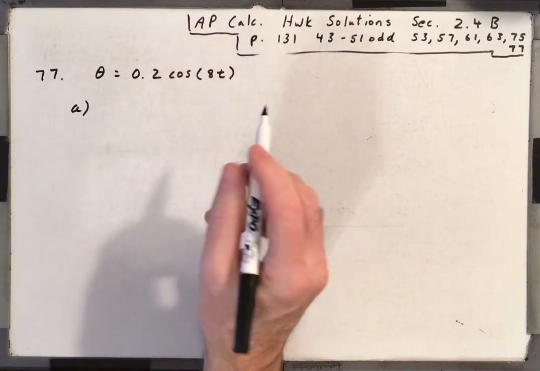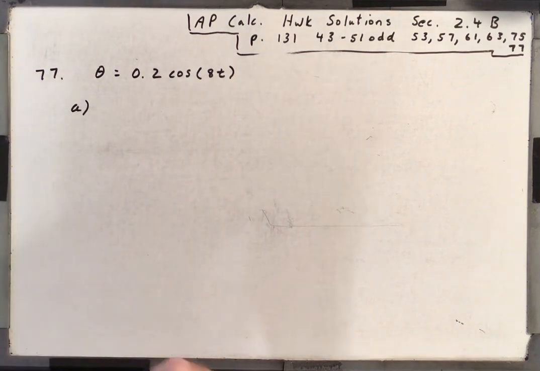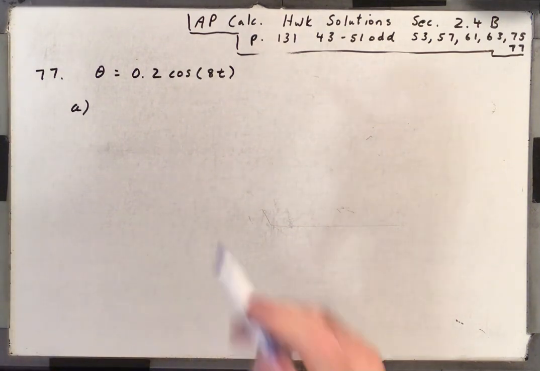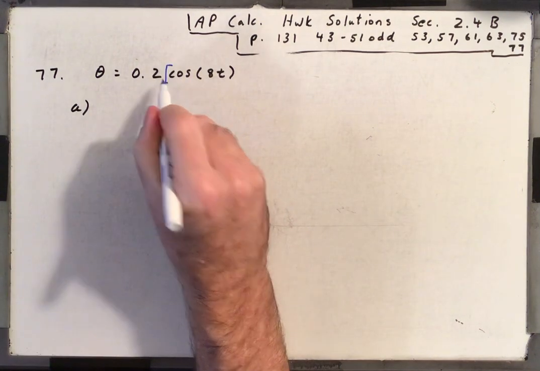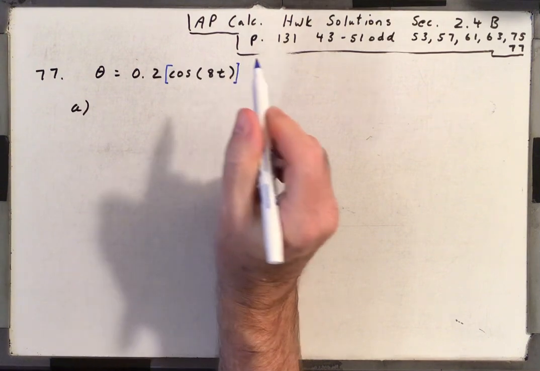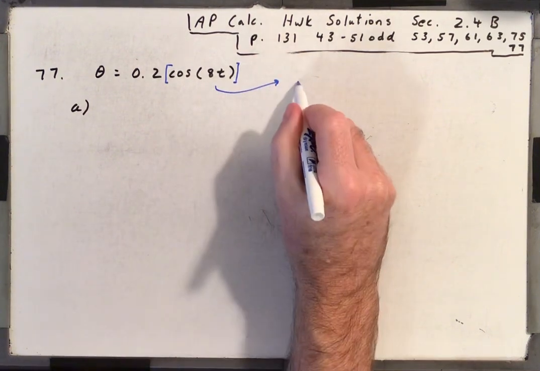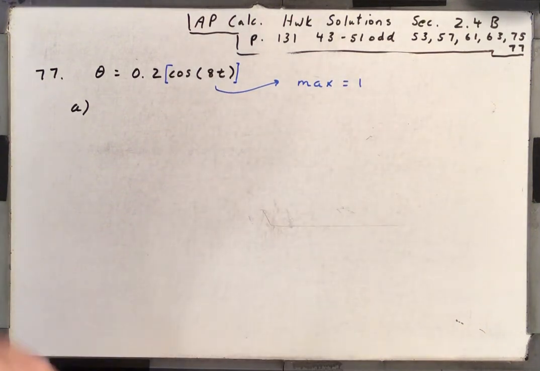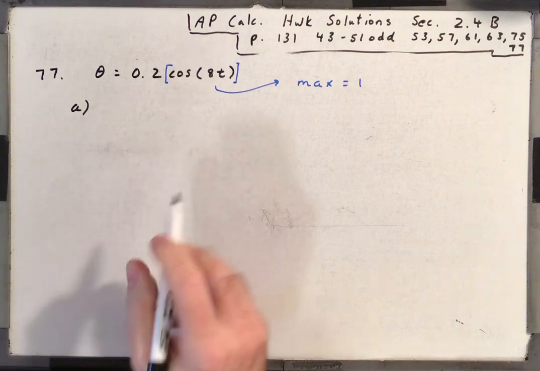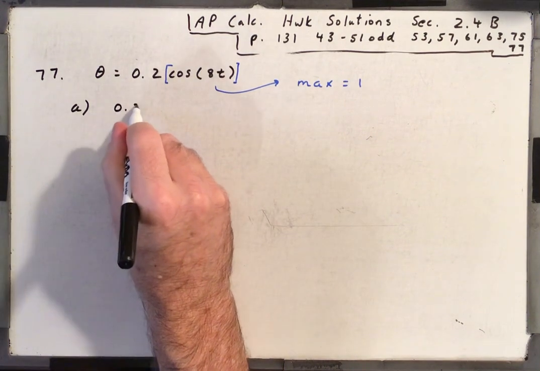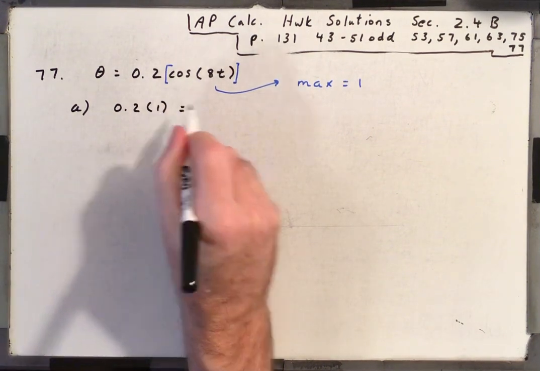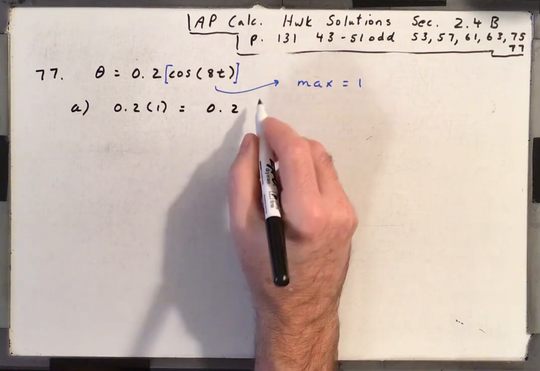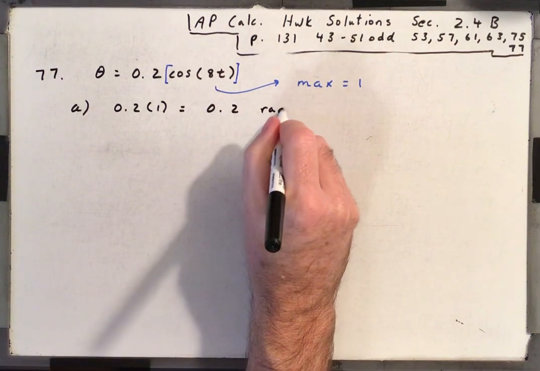I gave you quite a hint on this, that the maximum the cosine of any angle can be is 1. So the maximum angular displacement would be 0.2 times 1, which is 0.2 radians.